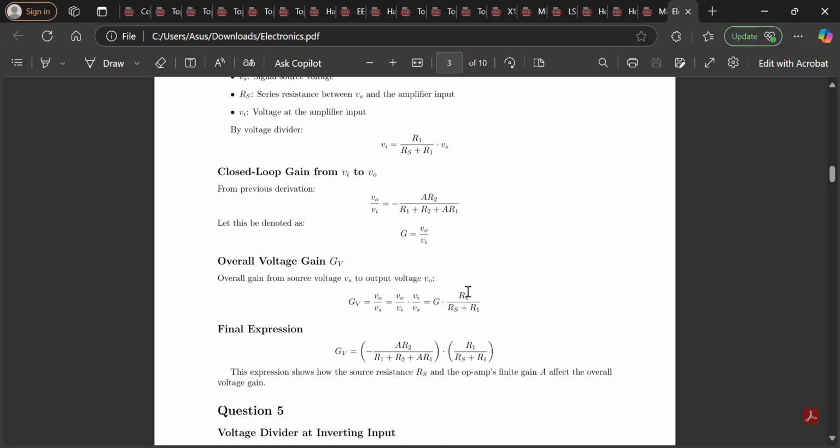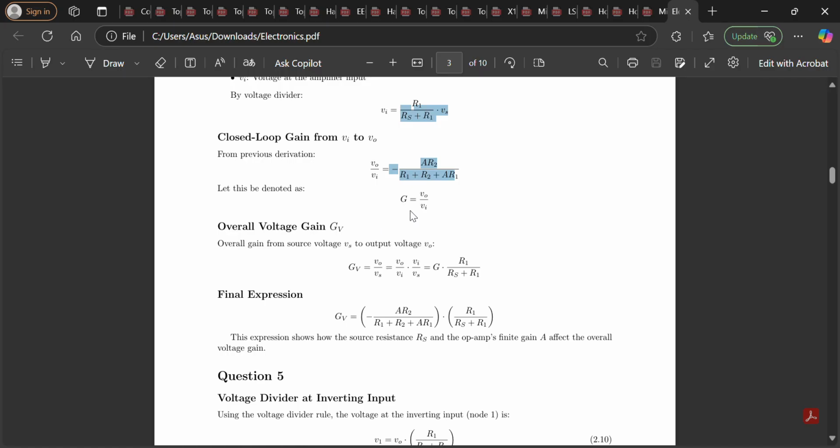All of this times the input voltage. Now we just divide this equation by the input voltage, or just put it on the other side, and we have this equation.